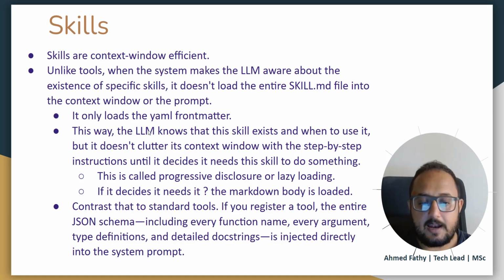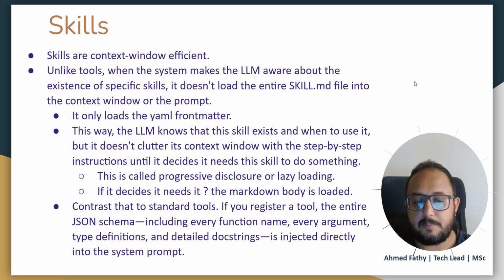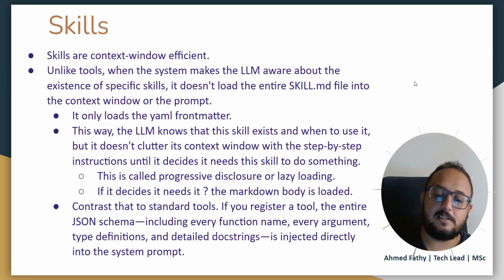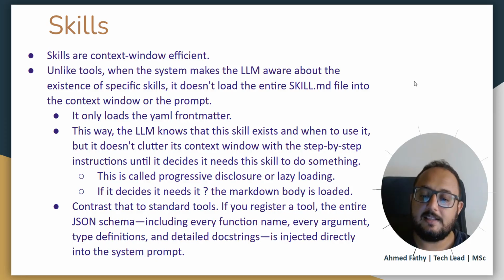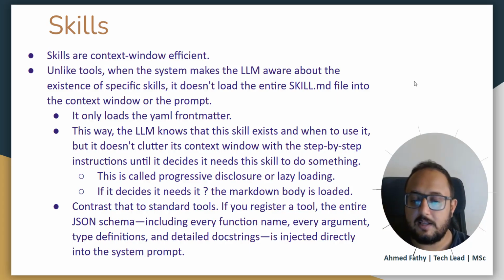Okay, so this way the LLM knows that the skill exists and when to use it, but it doesn't clutter its context window with step-by-step instructions until it decides it needs the skill to do something. So this is called progressive disclosure or lazy loading, and you might find those terms in the exam questions. This is why I put them. So progressive disclosure or lazy loading.